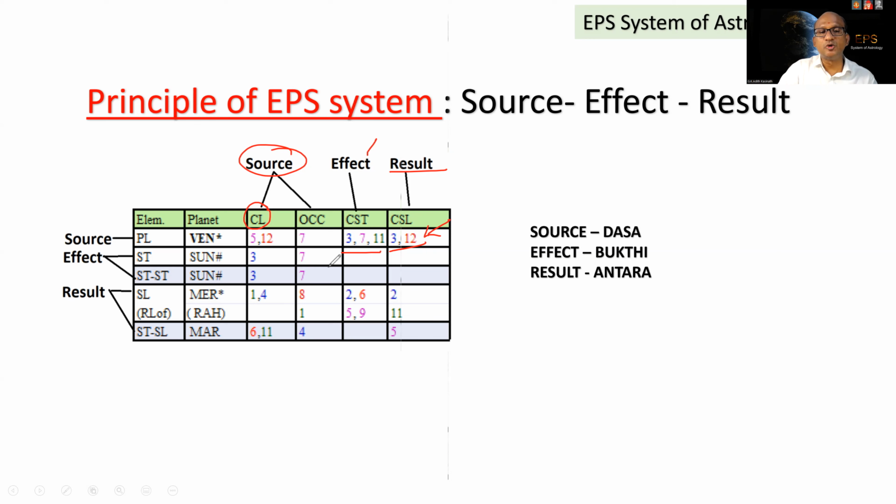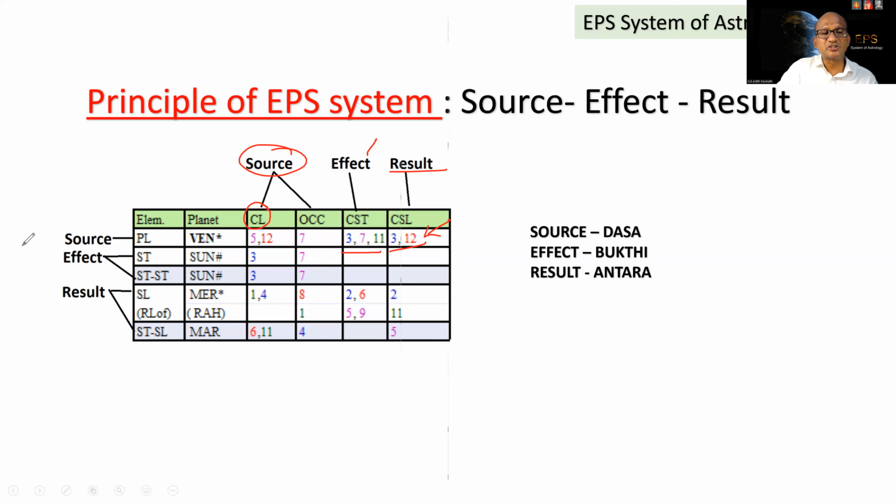So that way we have to consider. But as you know, all the planets will have CL or OCC definitely, except Rahu. CL will not be there for Rahu and Ketu, but all the planets will have OCC. But effect, CST and CSL may or may not be there for all the planets. We have to keep that in mind. Then, while studying a planet's complete signification, we have to study the planet, the star lord of the star lord, the sublord, and the star lord of the sublord.